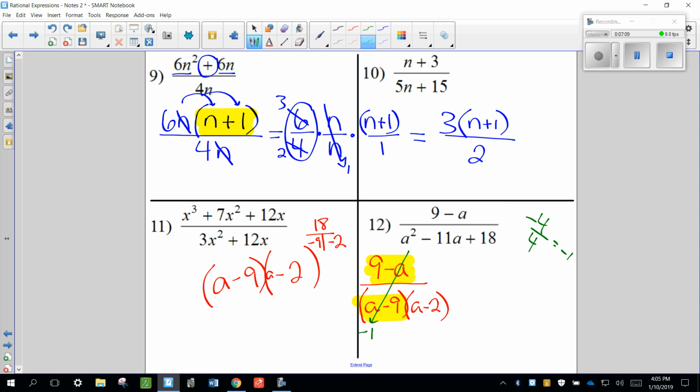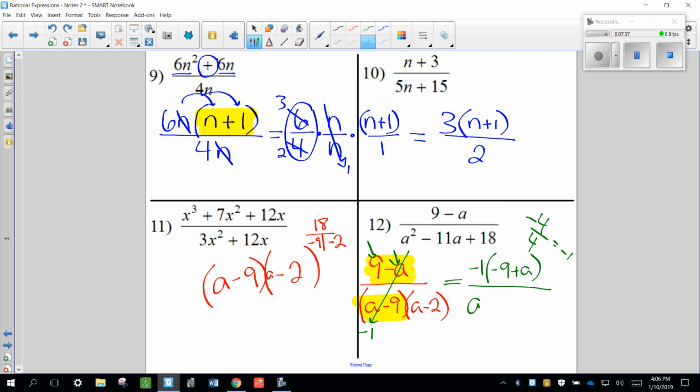Okay? So let me show you another step as to why that works. If I were to try to factor a negative 1 out of the numerator, negative 1 times what gets me 9? Times negative 9, right? Negative 1 times what gets me negative a? That would be times a positive a. So negative 1 times a gets me this negative a, and negative 1 times negative 9 gets me a positive 9.